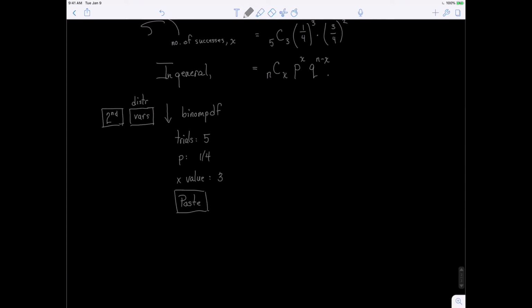When it pastes it, it'll paste onto the screen as binom PDF 5, 1 divided by 4, 3. Depending on your calculator, it might say 1/4 or it may say 0.25. Either is fine. If you press enter and then run through math frac, you should end up with the same result that we got above of 45 over 512.